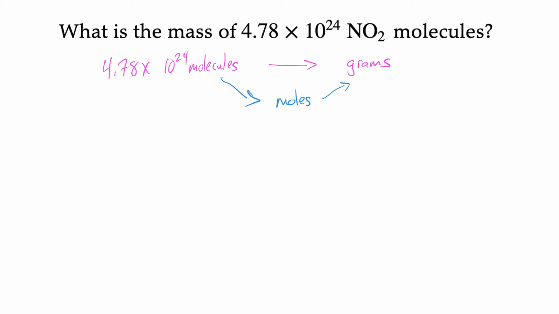So Avogadro's number tells me that 1 mole is equal to 6.022 times 10 to the 23rd molecules. And then since we're dealing with nitrogen dioxide, that's 1 nitrogen, and each of those is 14.01 grams, and it's 2 oxygen, and each of those is 16 grams.